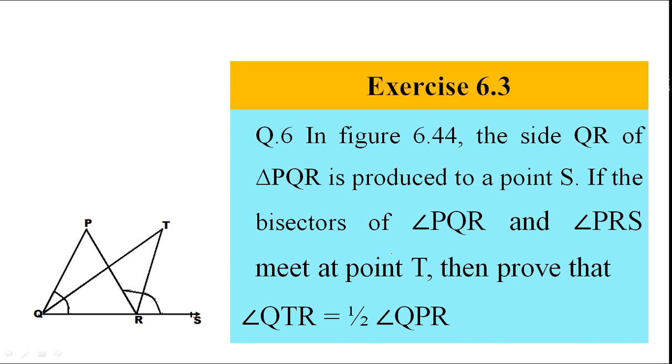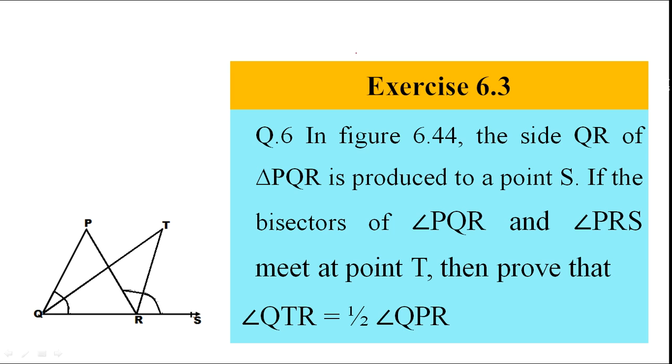So what we are supposed to prove, angle bisectors are given to us and we are supposed to prove, let me take it from previous slide, and we need to prove QTR is half of QPR. So I am writing it here. What we need to prove? We need to prove QTR is half of QPR.